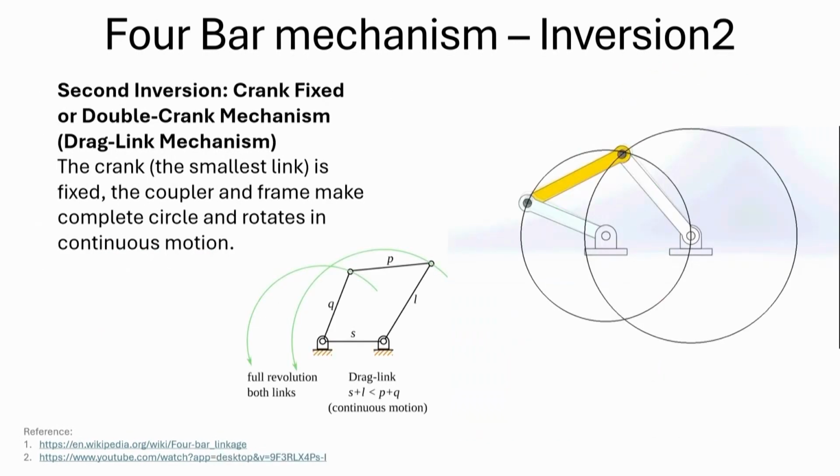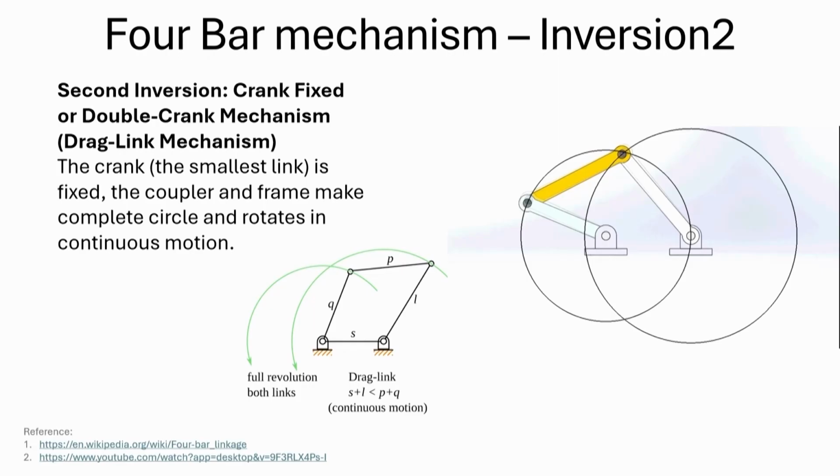Now, another inversion that is possible is that the crank is fixed, or the double crank mechanism. So, the crank is fixed, the coupler and frame make a complete circle and rotate with continuous motion.